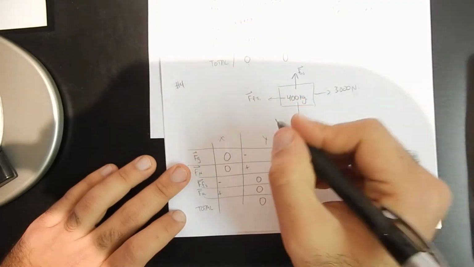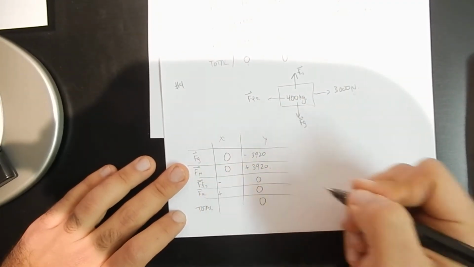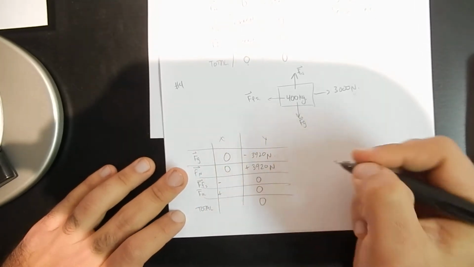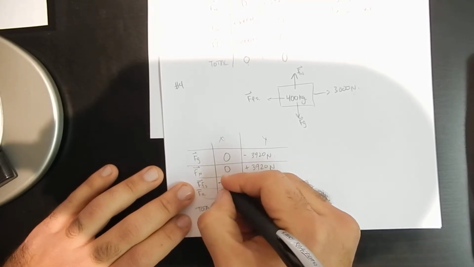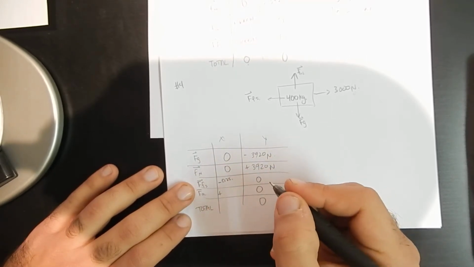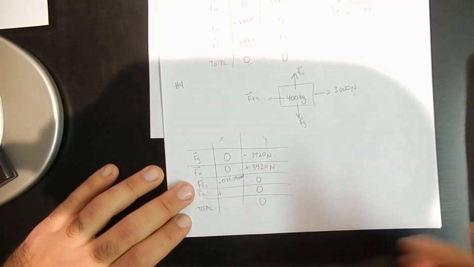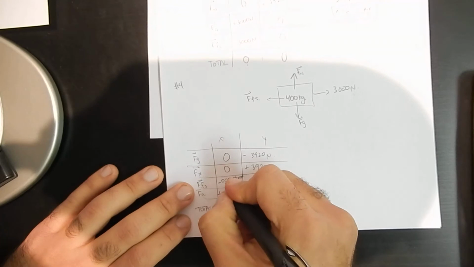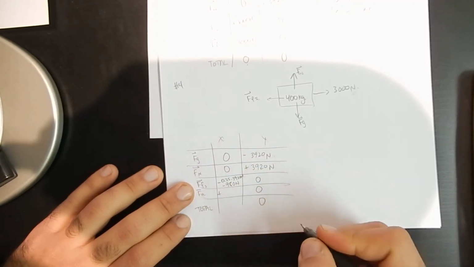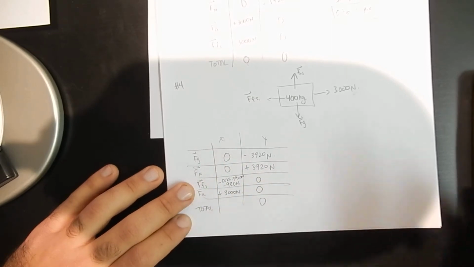Force of gravity is the same as above, 3,920 newtons. The normal force is therefore 3,920 newtons in the opposite direction. The force of friction is 0.25 times 3,920 newtons, and that's equal to 980 newtons in the minus direction, and my force applied is 3,000 newtons in the positive direction.